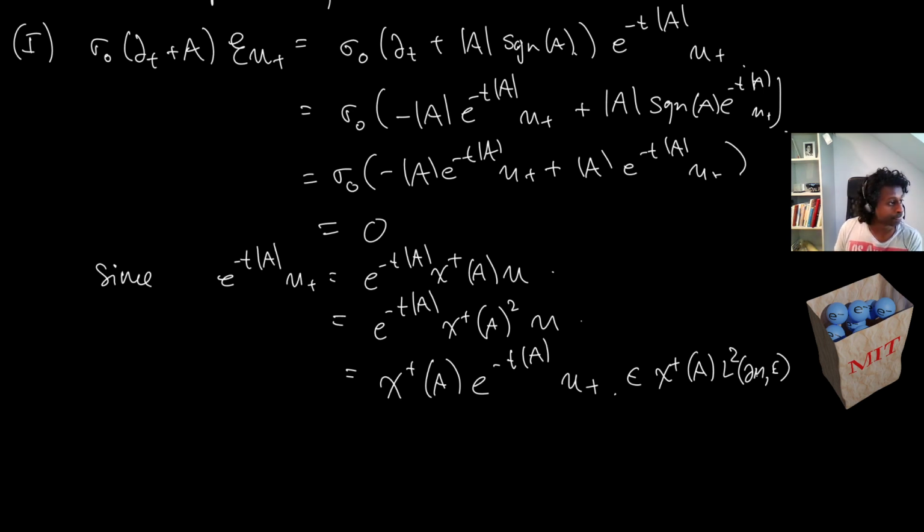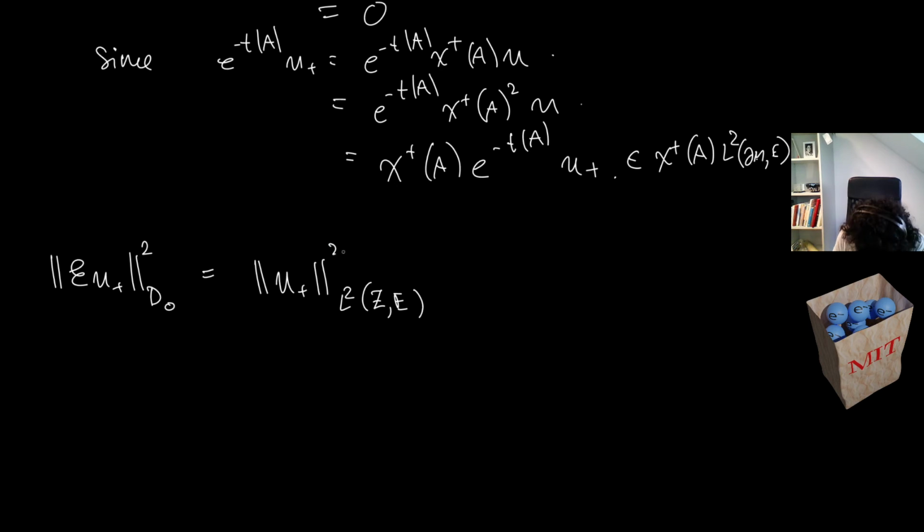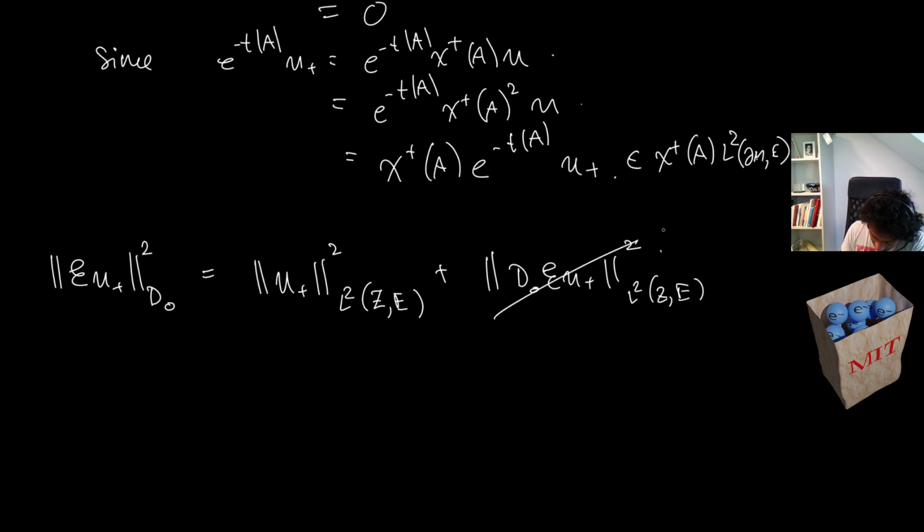So now let's have a look at the estimate that we need to make. So we have eu plus squared of d naught. So what is this term? This is going to be equal to u plus of L2 of partial z of e squared, plus now we've seen we have a term here d naught of eu plus L2 z e squared, but this is 0 by what we've just shown. So we're only left with this term here.